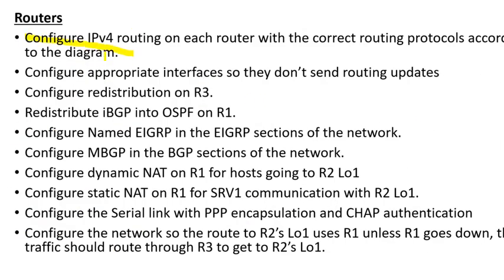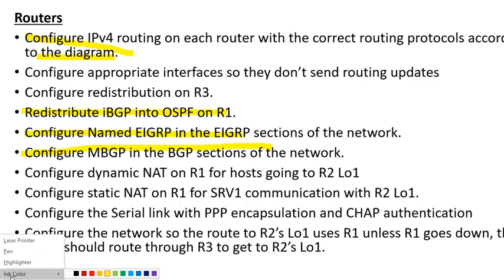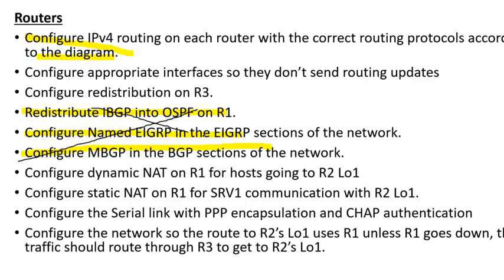So configure the routing: redistribute iBGP into OSPF, configure named EIGRP, configure multi-protocol BGP. I want to change this. Let's go to pen. So done. Oh, I like red better though. Done.